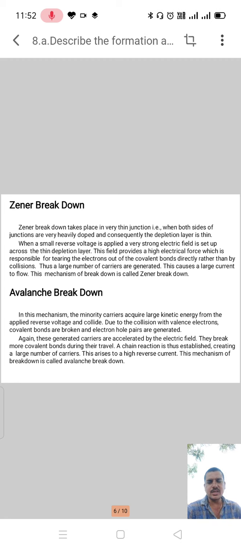Thus a large number of carriers are generated. This causes a large current to flow. This mechanism of breakdown is called Zener breakdown.